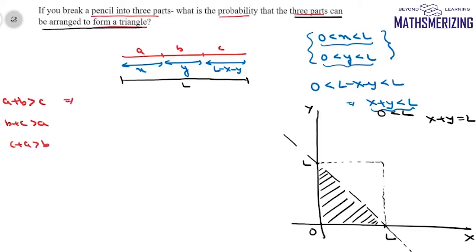Now I will take A plus B. So what is A plus B? A plus B is X plus Y, which should be greater than L minus X minus Y. So from here I'll get X plus Y should be greater than L by 2.